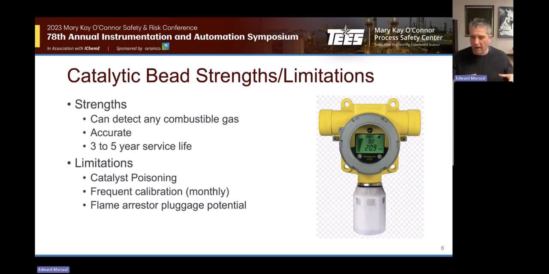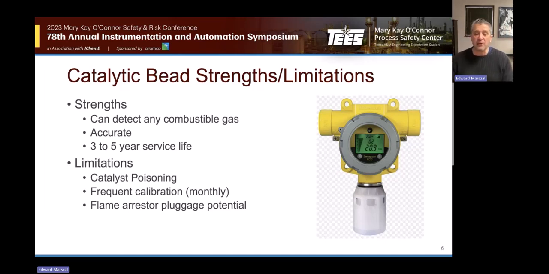I don't want to give you a list of poisons because it's going to vary depending on who your vendor is and what catalyst they're using to do this. But there are chemicals that might be out in your plant that will deactivate the catalyst and prevent it from working, which is a dangerous failure because if you have a gas and the catalyst is poisoned, it's going to either show you a low concentration or no concentration at all.